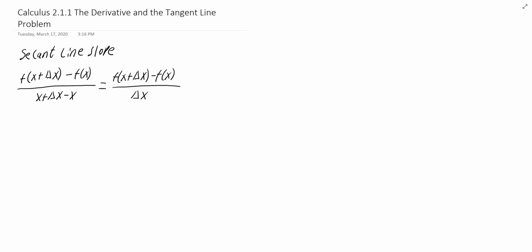So that's what this simplifies down to. In a sense, this is rise in the numerator over run in the denominator. And this formula is going to be pretty similar to how we evaluate slopes of tangent lines, which is essentially what a derivative is.